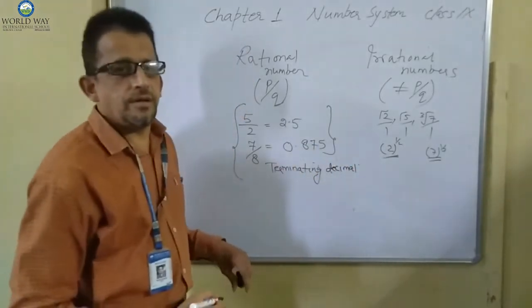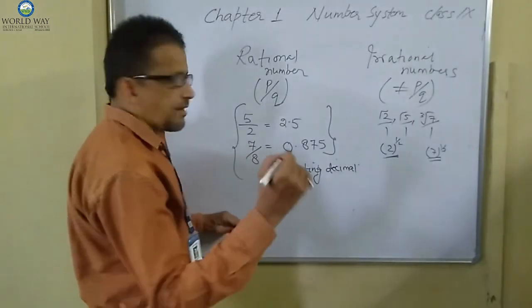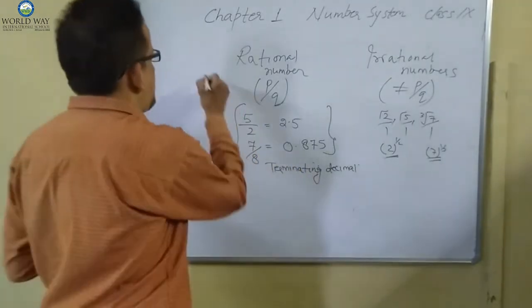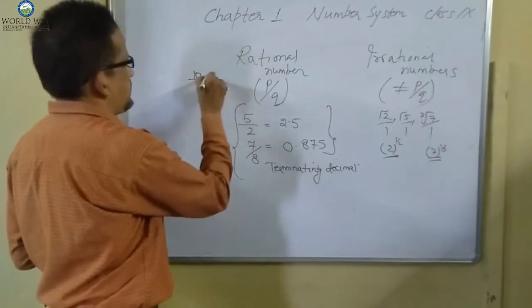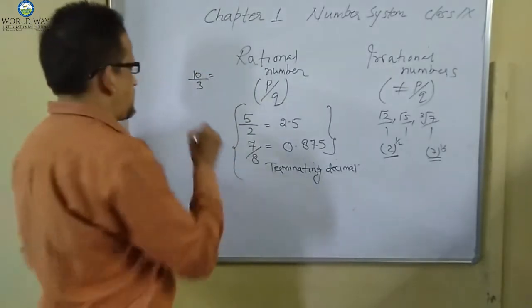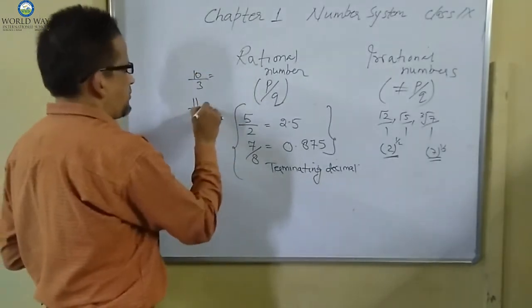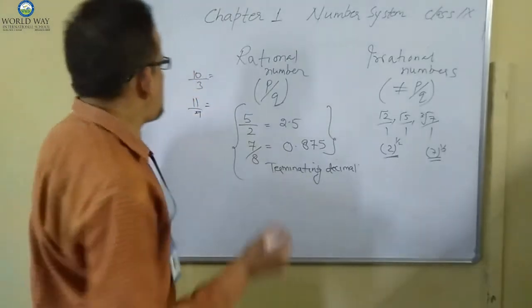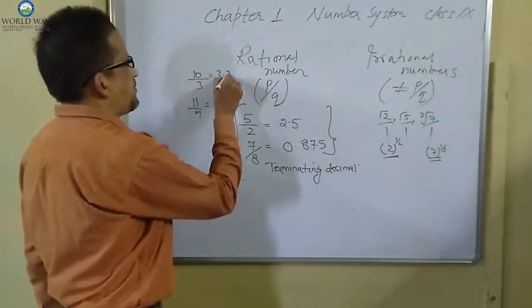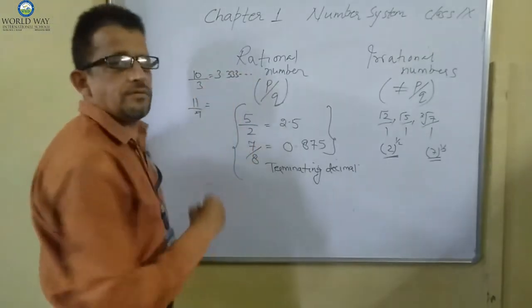Now look at the examples. When we divide 10 by 3, and 11 by 7, what do you get? When you divide 10 by 3, the answer is 3.3333.